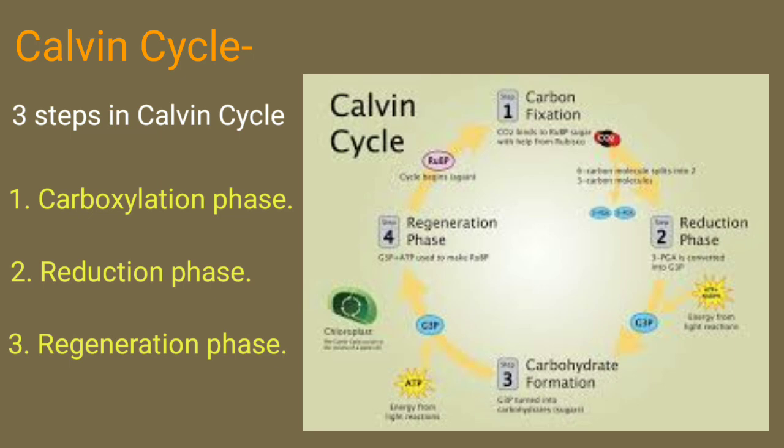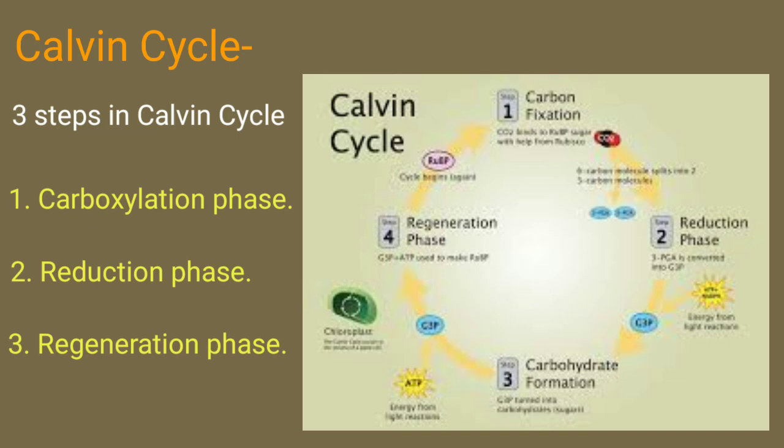Now see, this whole process is called C3 carbon, or carbon tree, because its first stable product is a 3-carbon compound, 3-phosphoglyceric acid. So this Calvin cycle, or C3 cycle, involves mainly 3 steps.